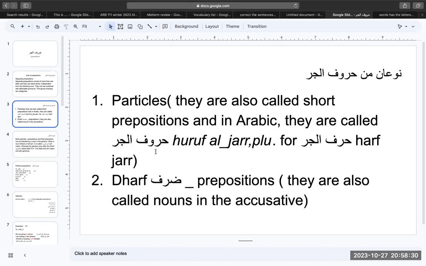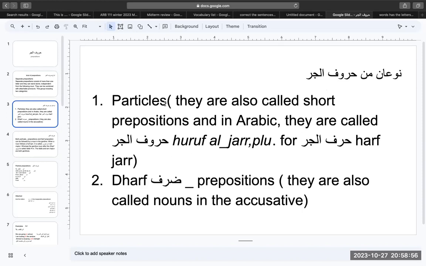So these are the two types of حروف الجر. The first one is particles. They are also called short prepositions, and in Arabic they are called حروف الجر, or as I told you at the beginning, حرف الجر if it's singular.